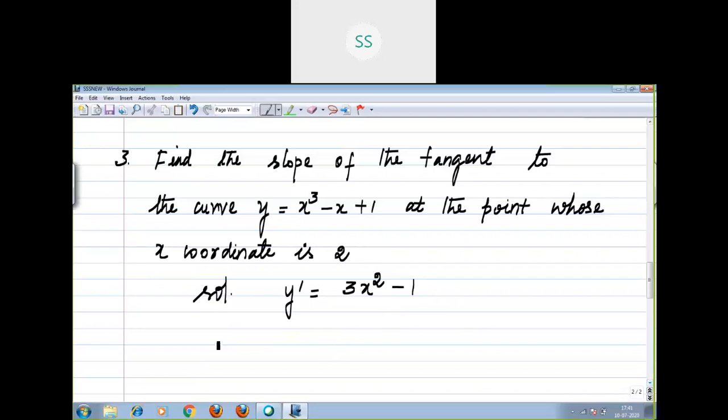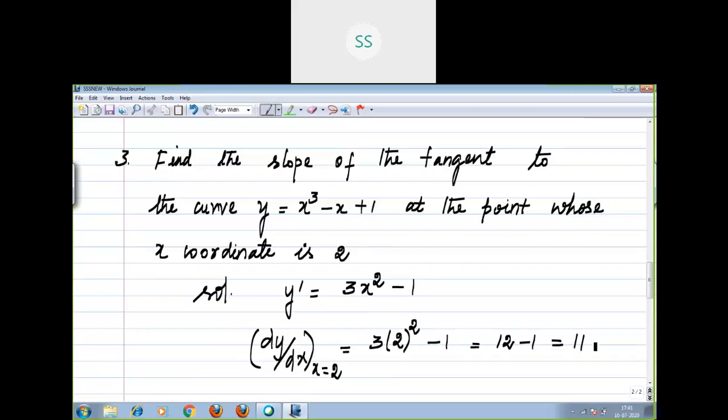That is understood, right? Now, y dash, I told you to write dy by dx. If you want, you write y dash. Nothing is wrong. At x is equal to 2, which is equal to 3 into 2 square minus 1. 3 into 4, 12. 12 minus 1 equal to 11.